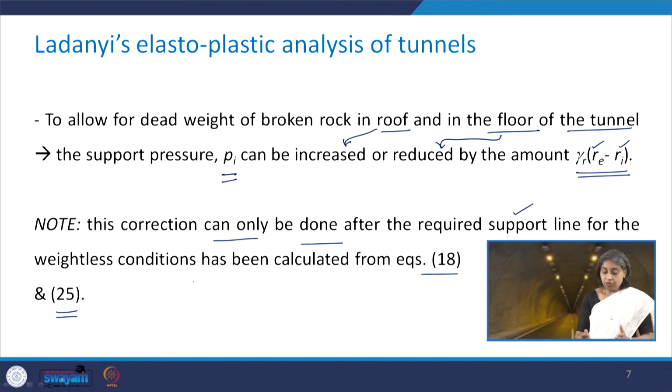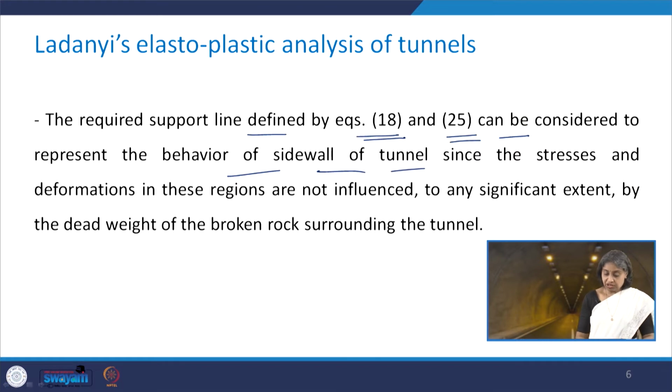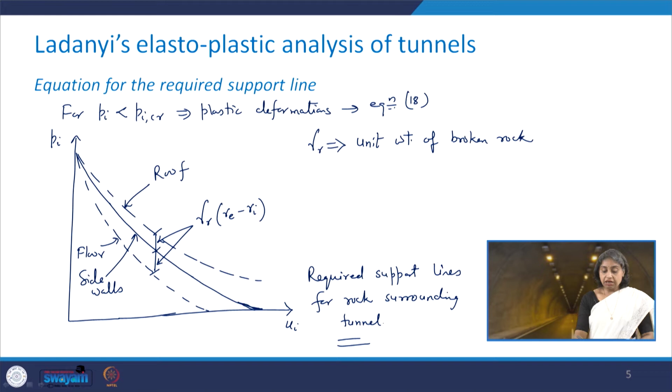So this is how the support pressures for the roof and the floor can be obtained, because in case of the side wall, whatever you get, you need to add gamma r into Re minus Ri, and then you will get it for the roof. If you subtract, you will get it for the floor.